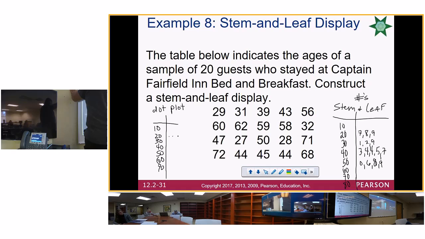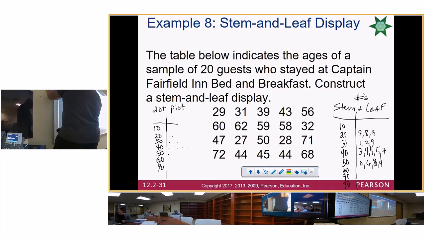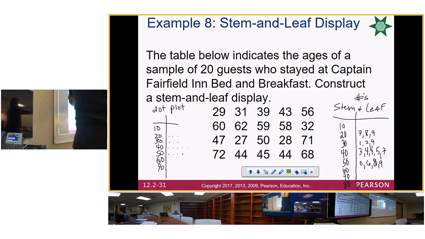How many 30s do we have? 3. How many 40s? 6. How many 50s? 4. You see the pattern? One's dots, one's numbers. A stem and leaf is numbers, dot is dots.